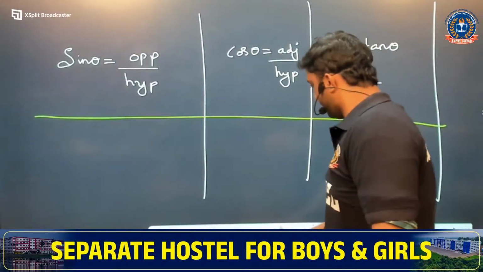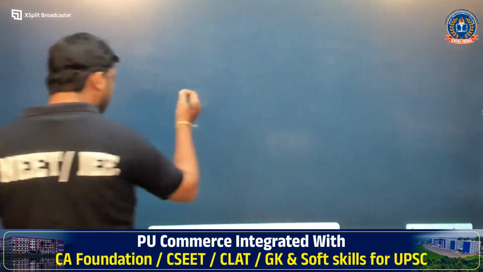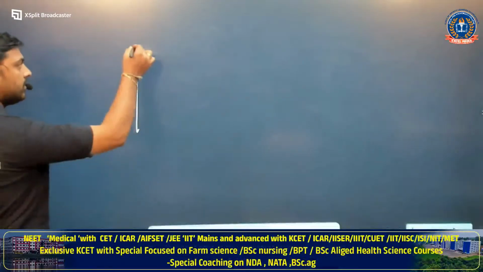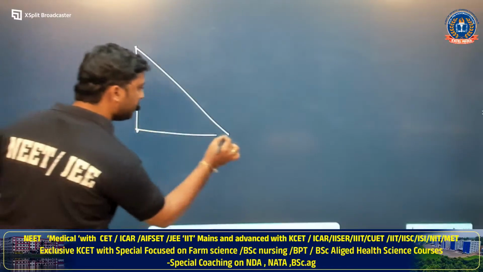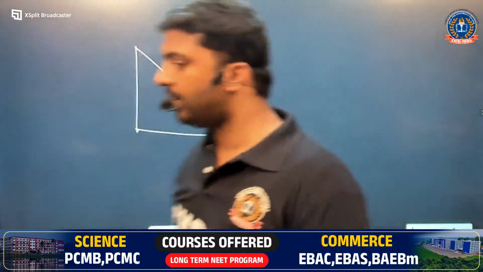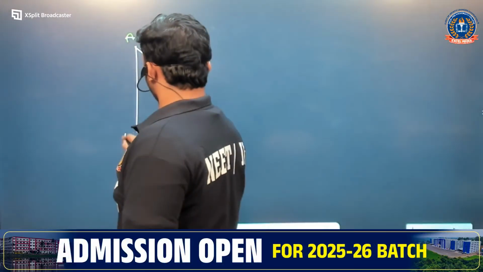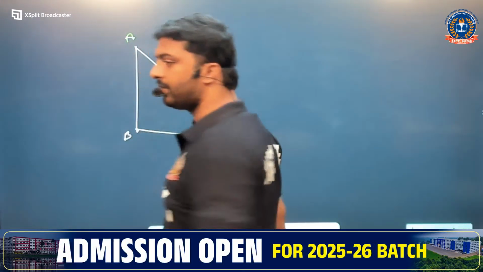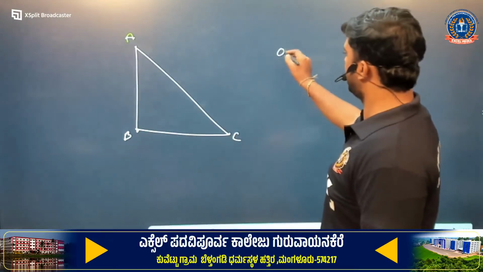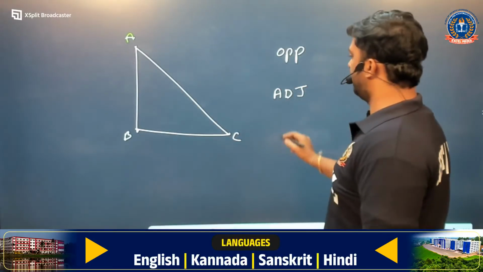Now if I have a triangle here, which side is the opposite side? Consider a triangle. We can name the sides as A, B and C. Can you name the opposite side, adjacent side and hypotenuse?